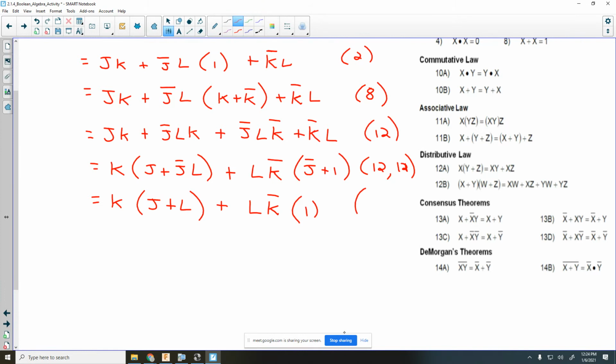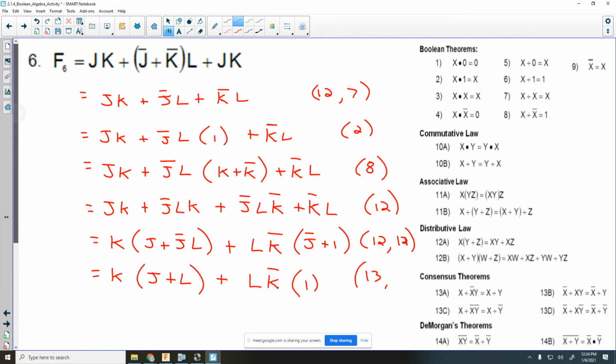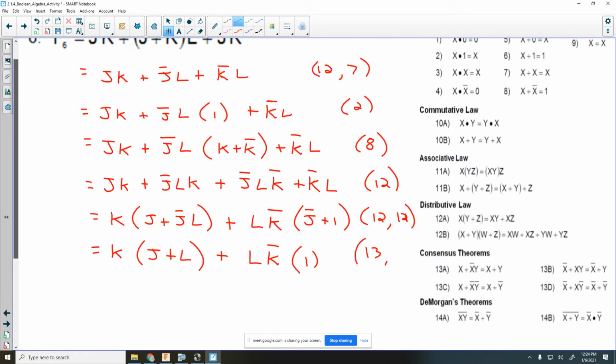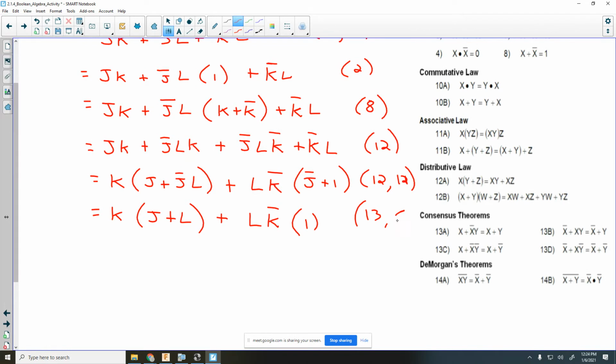Right, so that's rule 13, and then J naught or 1, what rule is that? J naught or 1 is 1, that's rule 6, right? Yeah.